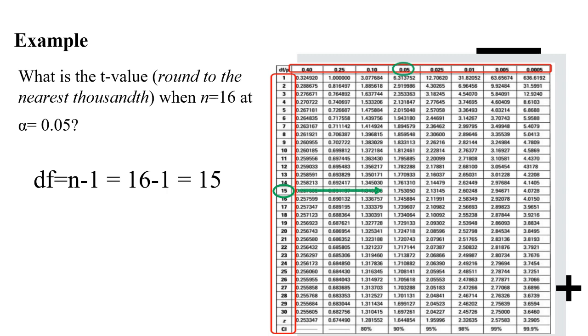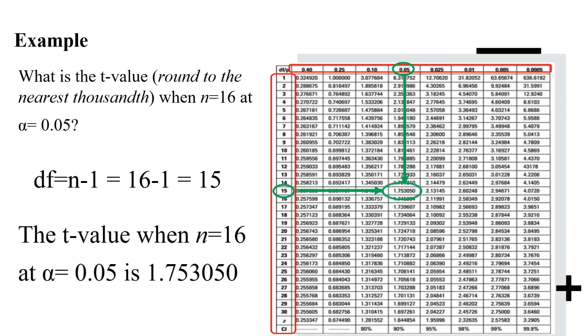Let's combine the two. Okay, so we have 1.753050. That is our t-value when n is equal to 16 and your alpha is equal to 0.05.